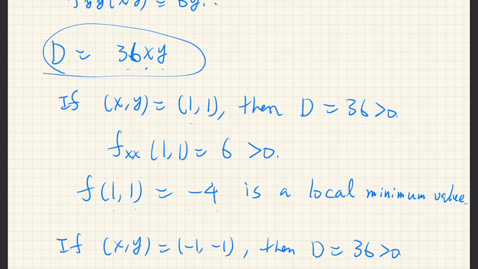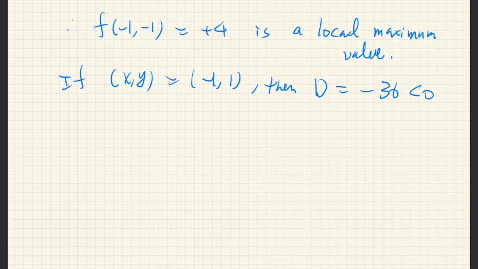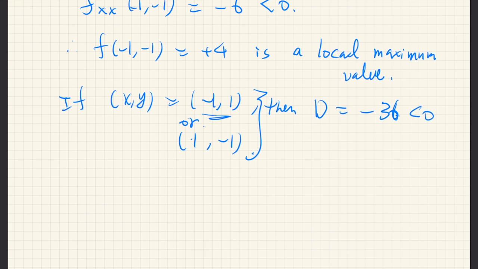So that means the function value at this point is neither a local maximum nor a local minimum. And the same thing happens if x is positive 1 and y is negative 1. So that's it.